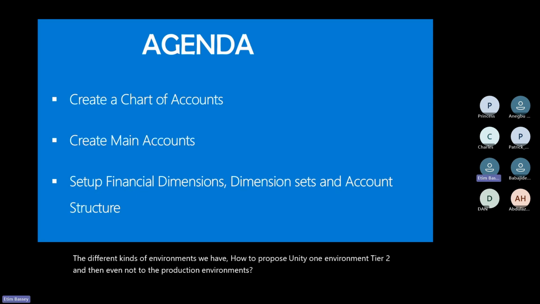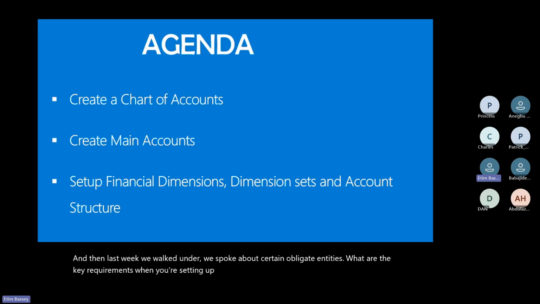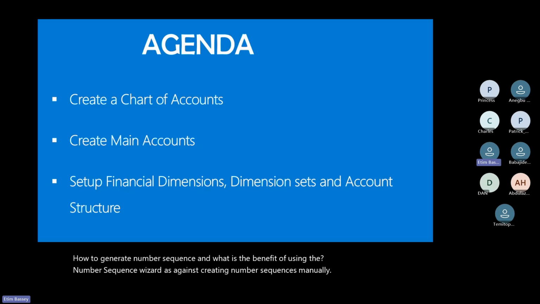And then last week we spoke about setting up legal entities, what the key requirements are when you're setting up a legal entity, as well as how to generate number sequences, and what the benefit is of using the number sequence wizard as against creating number sequences manually. So we covered all of that last week.